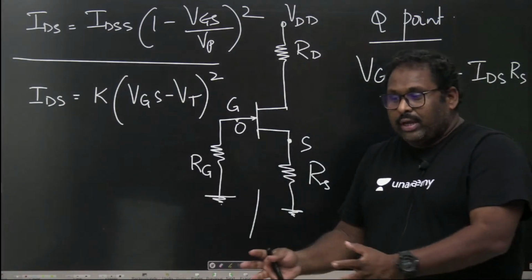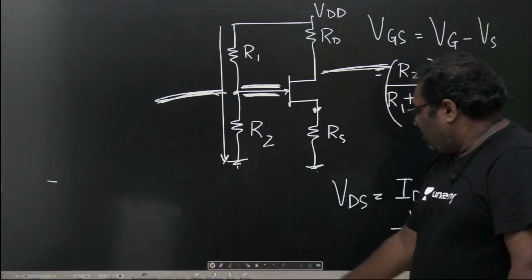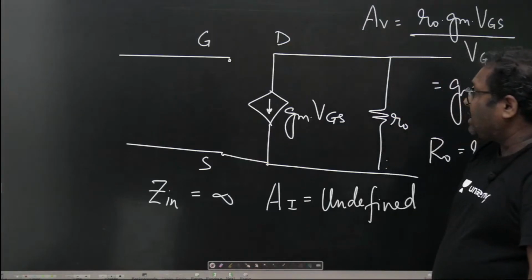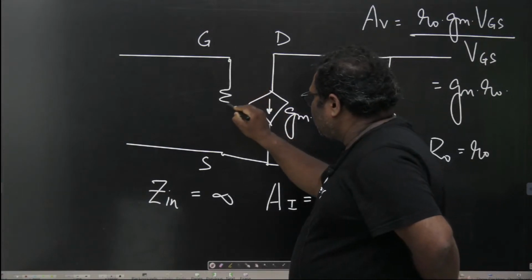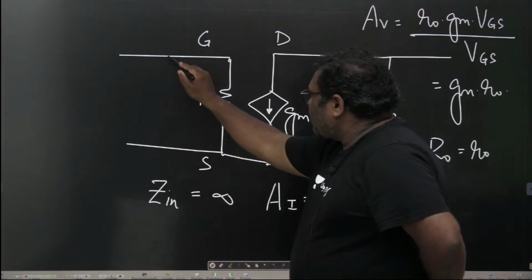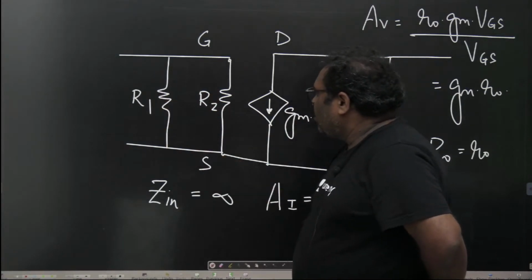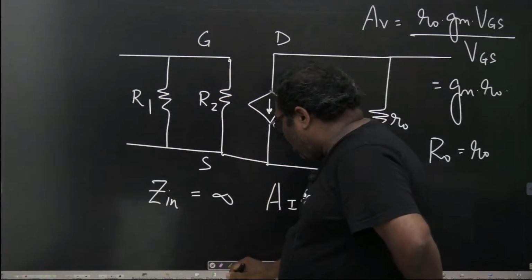If you look at the loading effect of each of these bias resistors, typically in the voltage divider bias, that means if you look at the AC model with the voltage divider bias, here comes R2, here comes R1, between the gate and, not the source, between the gate and ground.